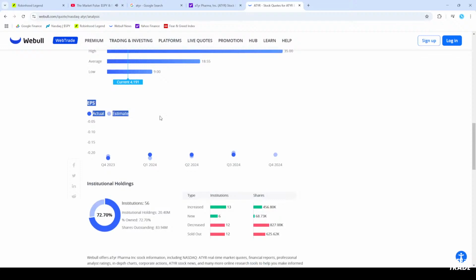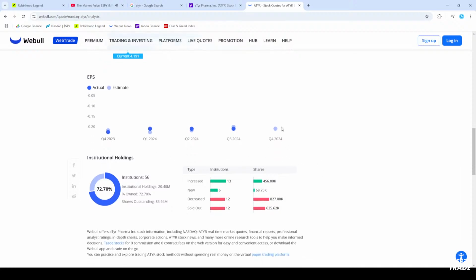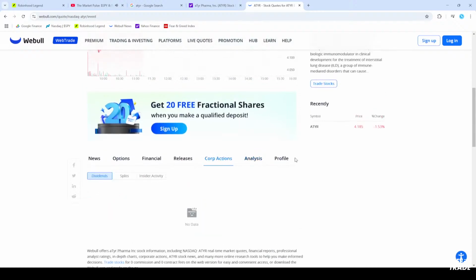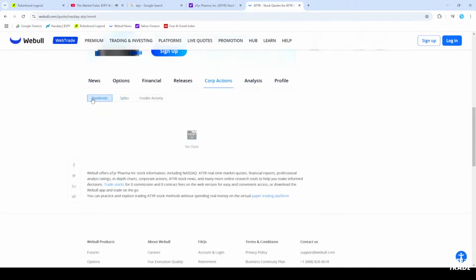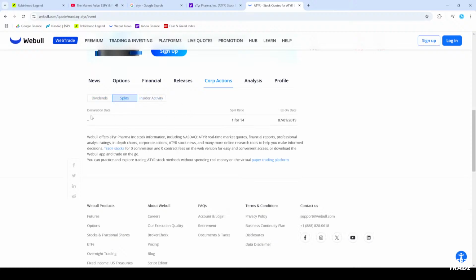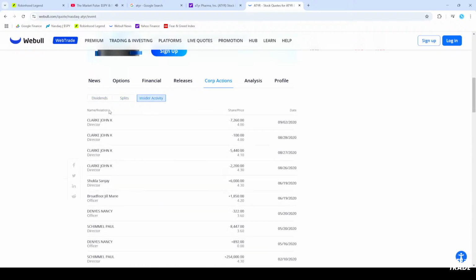Here are their actual earnings versus their estimated earnings. It looks like they've been somewhat profitable these two quarters, but they still have an estimate out for quarter four. Let's see, corporate actions. Sometimes you can see if they're doing dividends, if they've done a stock split, or if there's insider trading going on. Okay, they haven't really had a stock split for dilution.